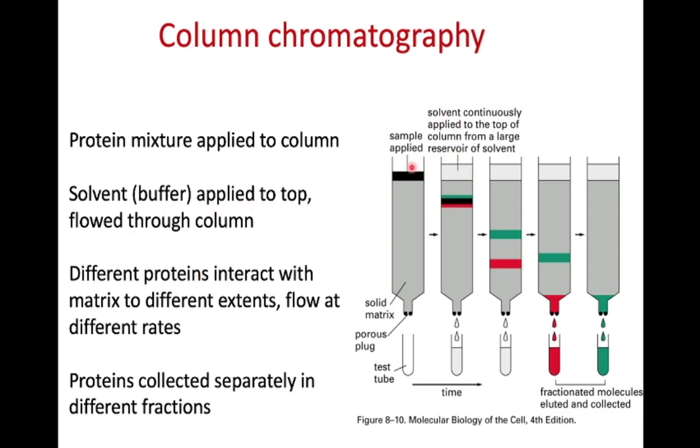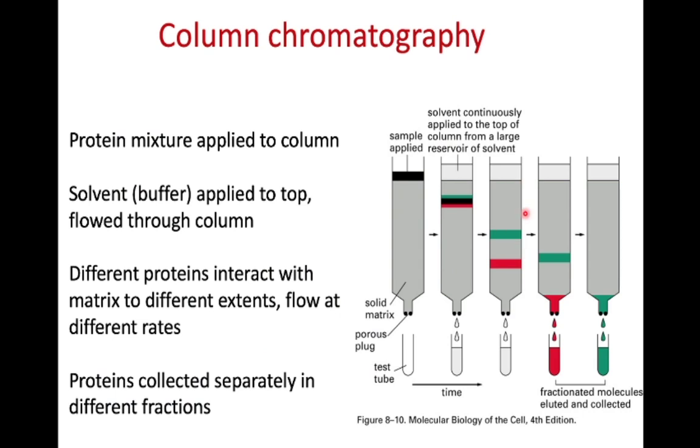So when we add our sample it will start to drip through the column, and then the solvent buffer is applied to the top of the column. And then the column starts to drip into a test tube at the bottom, and different proteins can interact with this column to different extents and flow at different rates.